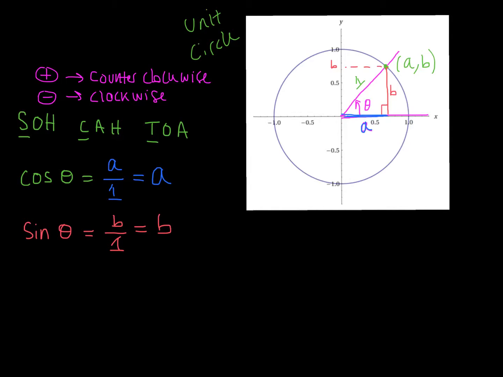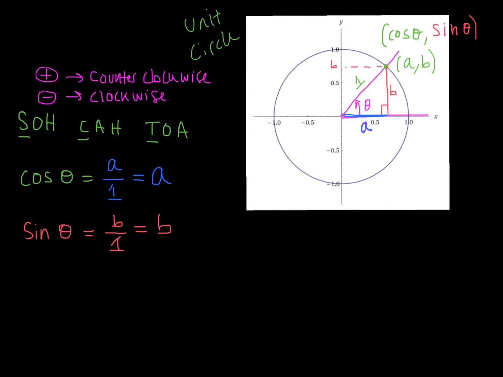So we now know that the x-coordinate is the cosine of theta, and the y-coordinate, B, is going to be the sine of theta. And so now we can find any point we want by finding the cosine or the sine of that angle.